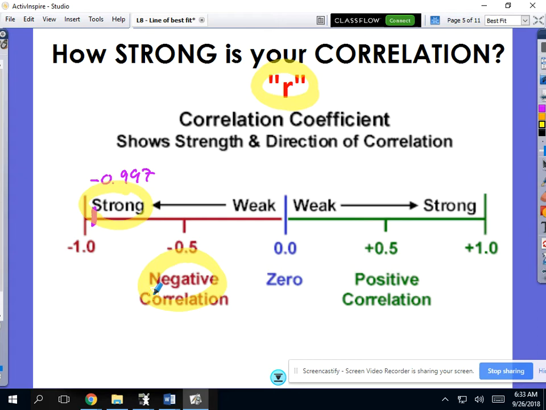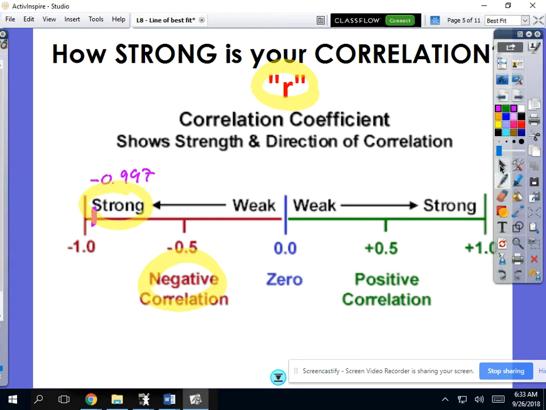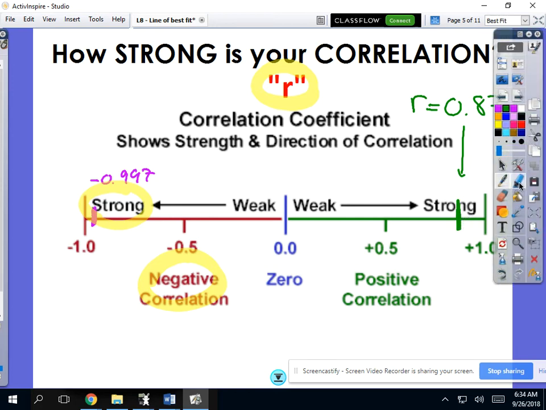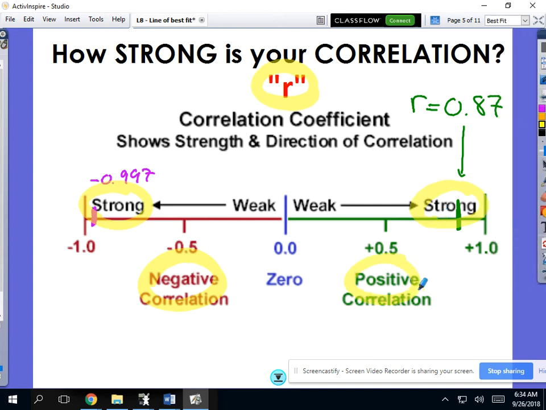Now, what if we had an R value of 0.87? Well, 0.87 places us somewhere probably right about here. So this would also be strong, but in this case, strong positive.